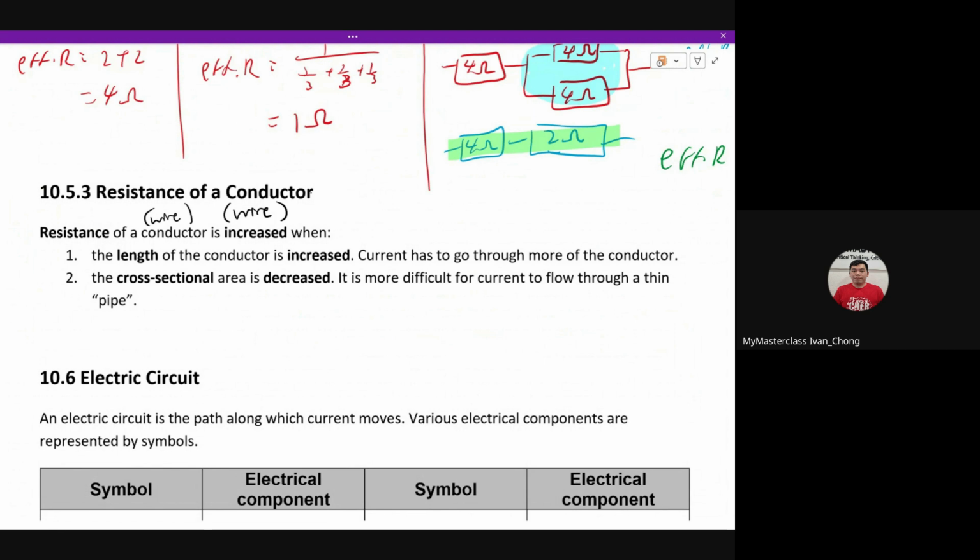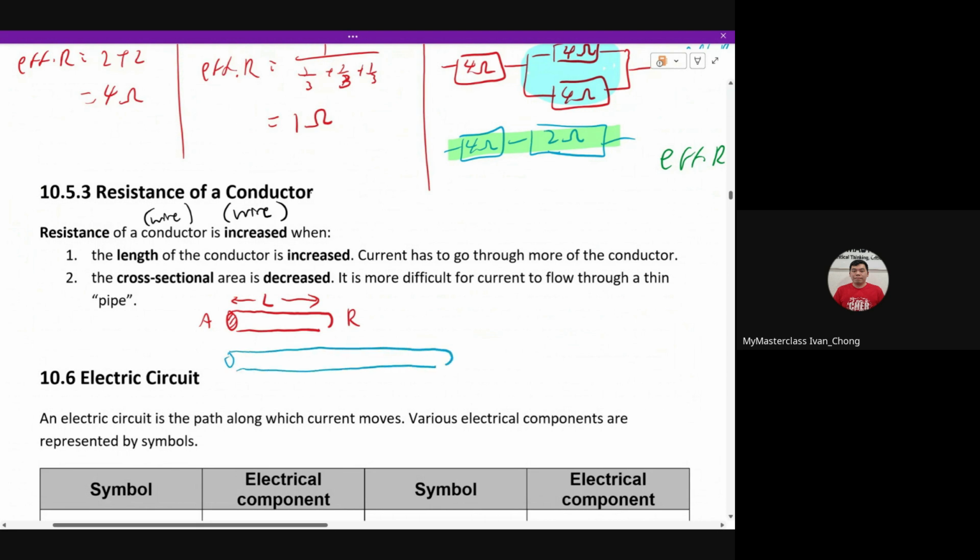So, you can just imagine, now I have L. Okay, your length L. And you have an area A here. Now basically I have a certain resistance here. Okay, I have R. So if I have double the length but the same A, now I have 2L.